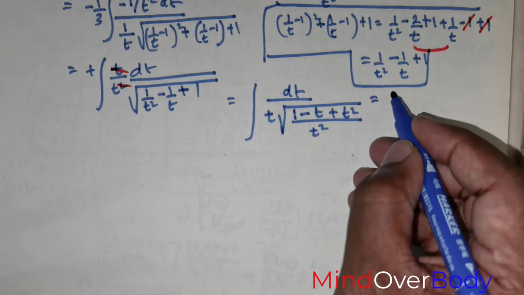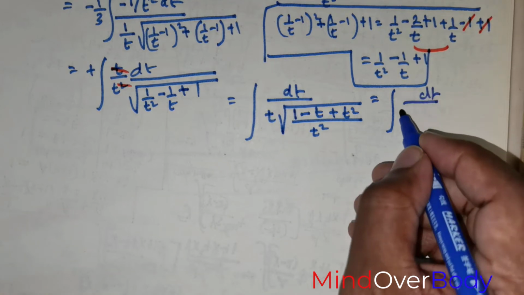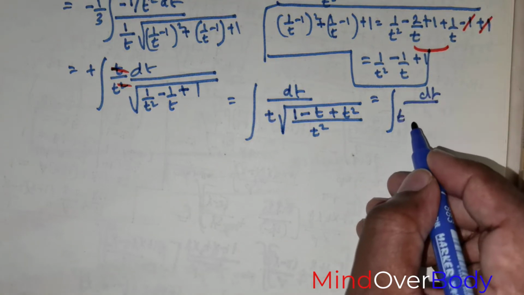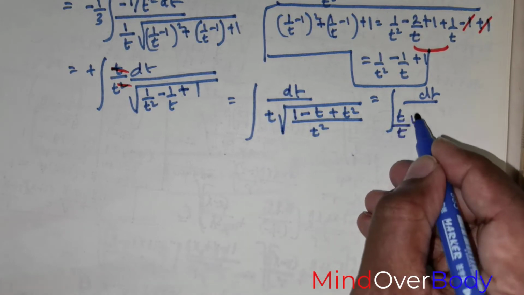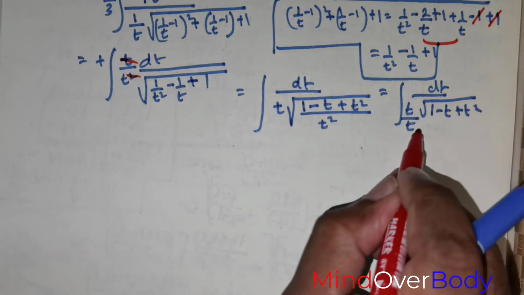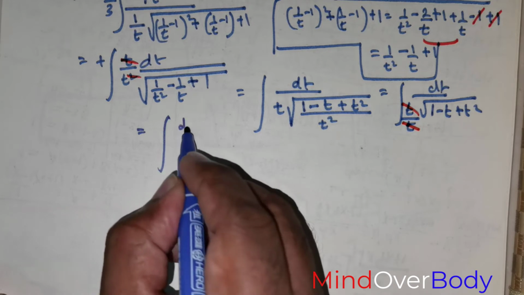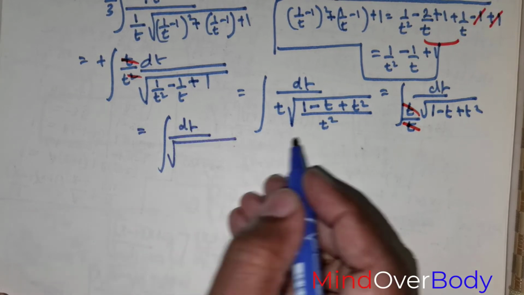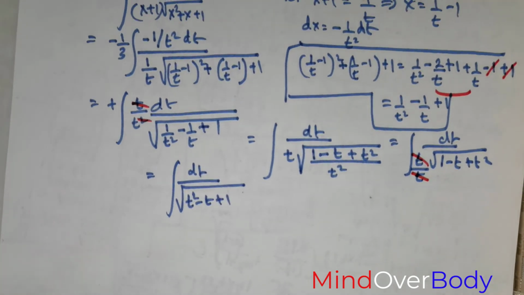So this is going to be integral dt over t times t times root of 1 negative t positive t squared. So I can cancel this and this. So that would give me integral dt over root of, let me write it like this, t squared negative t positive 1. So this is what I've got.